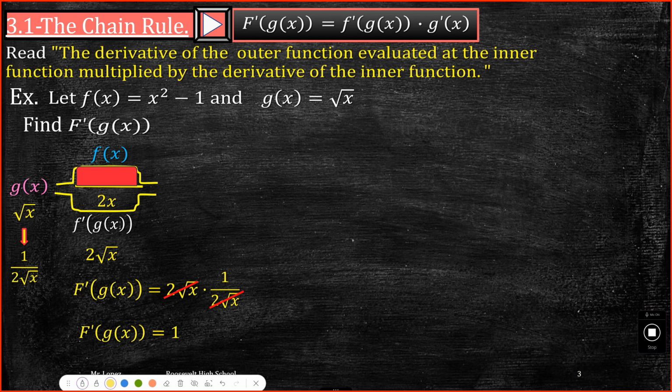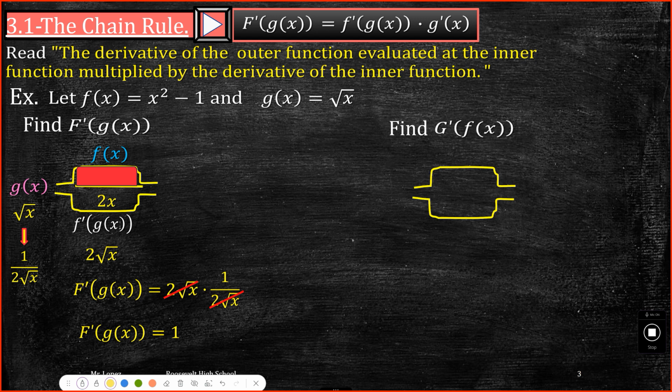All right, let's do the other one. Let's do it backwards. Find g prime of f of x. The outer function is the machine, the monster eating the other function.